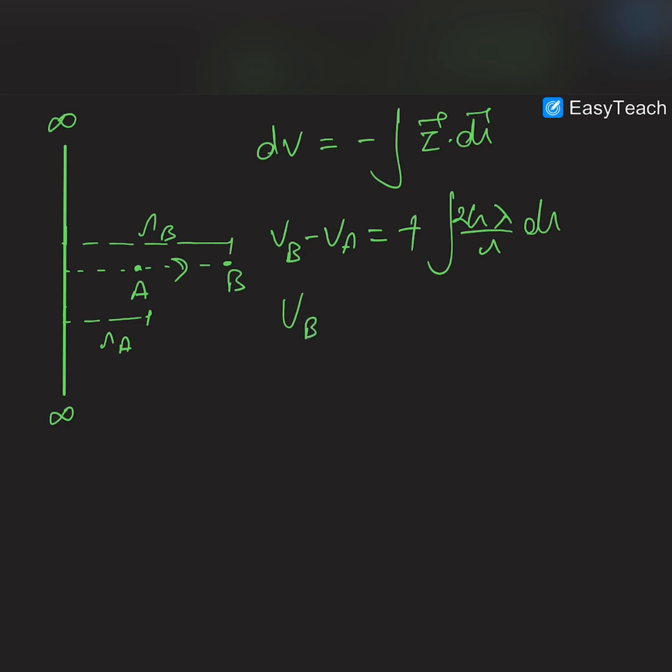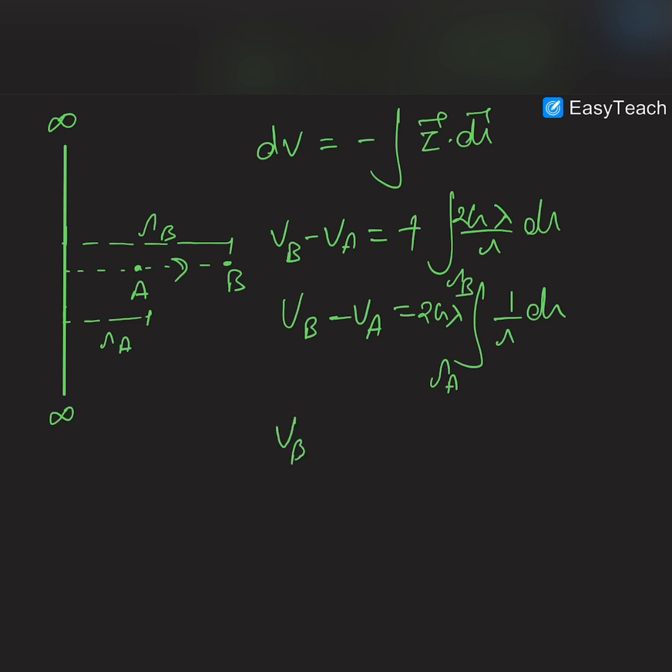So VB minus VA will be equal to 2G lambda integration of 1 upon r dr, and the limit of r would be from RA to RB.